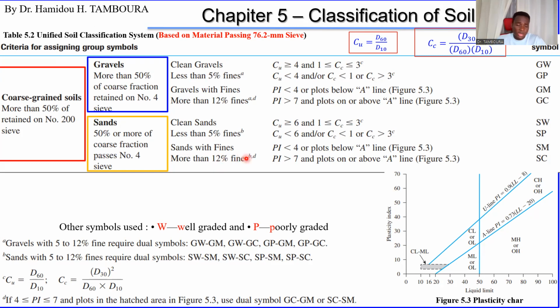And for you to know if it is silt or clay, you use the PI, plasticity index. So if the plasticity index is less than 4, or you plot lower than this line, this is all, okay?